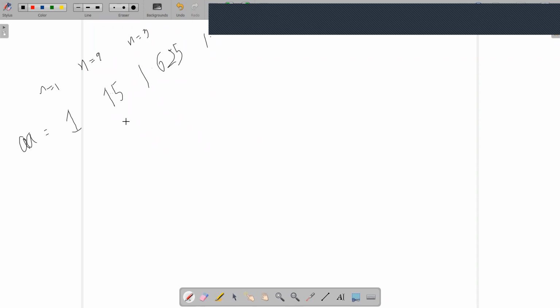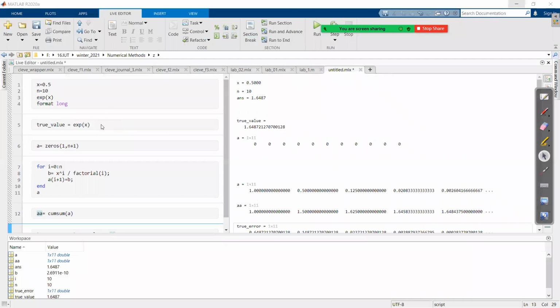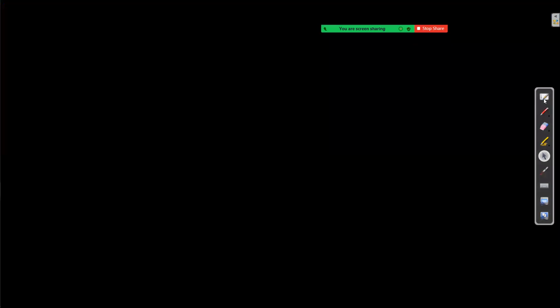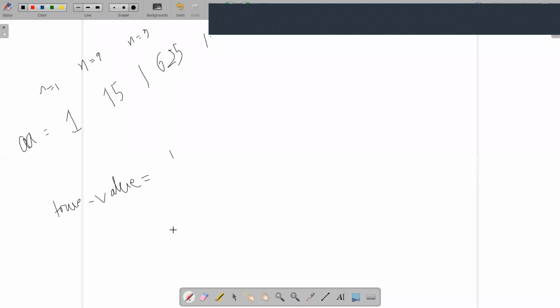What I'm doing here is, our true value was something I actually took from MATLAB, the actual value. So this was my true value, 1.648.